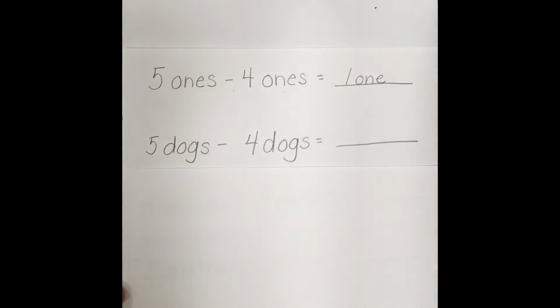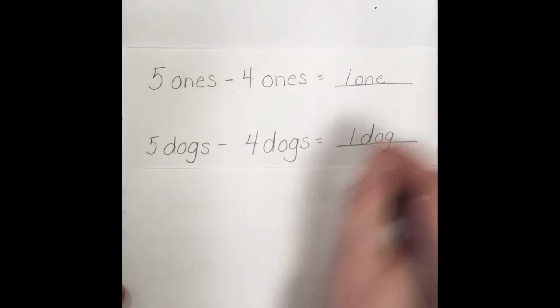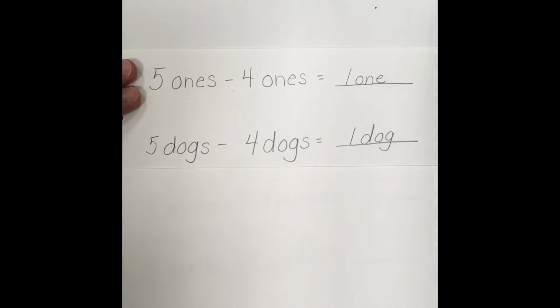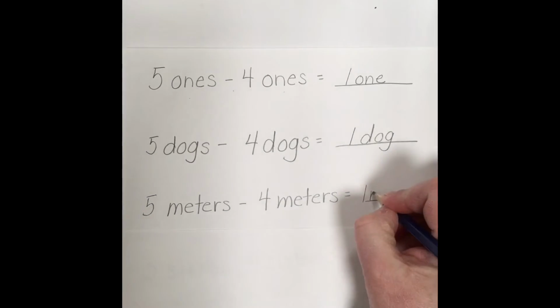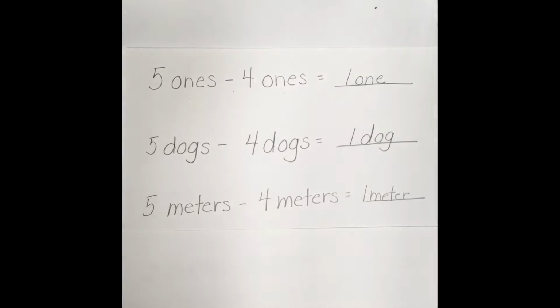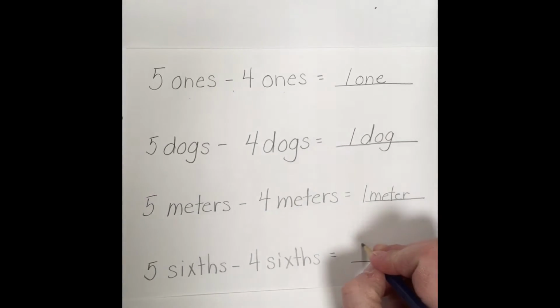My next one, if the unit is dogs, 5 dogs minus 4 dogs is equal to 1 dog. If the unit is meters, 5 meters minus 4 meters is equal to 1 meter. And if the unit is sixths, 5 sixths minus 4 sixths is equal to 1 sixth.